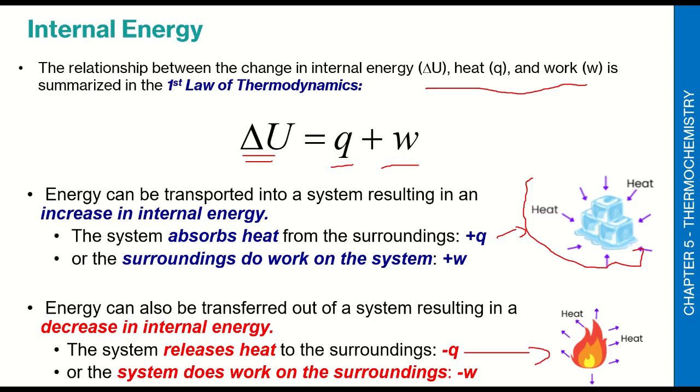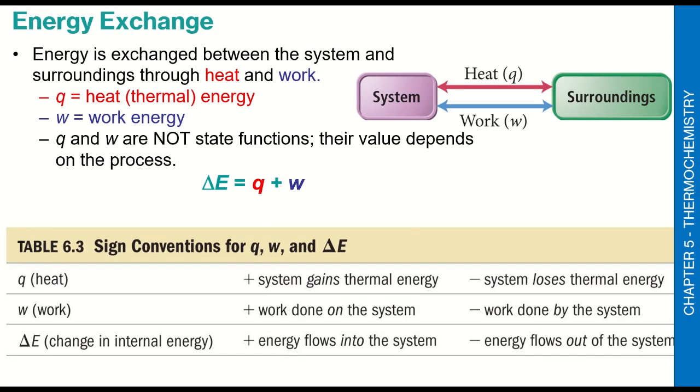The surroundings do work on the system, but energy can also be transferred like here as heat, so they are releasing heat. So the internal energy is decreasing. Okay, this is important to understand. When the system gains thermal energy, q is positive; when the system loses thermal energy, q is negative.